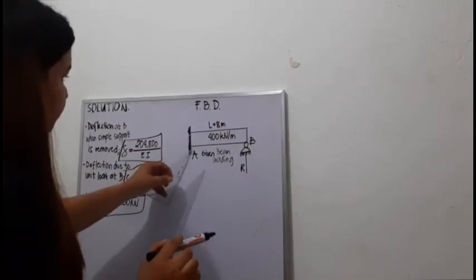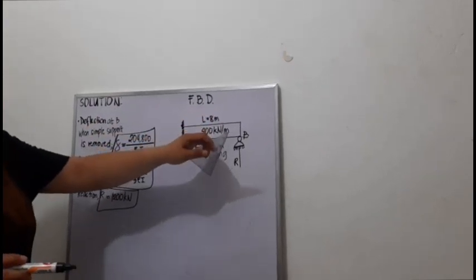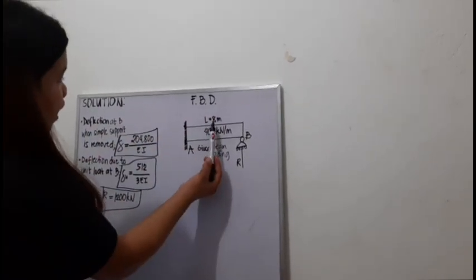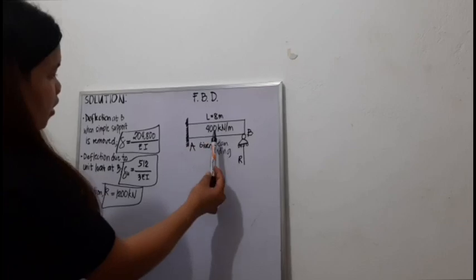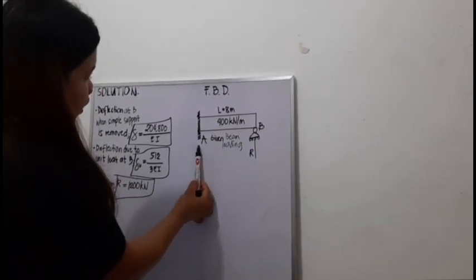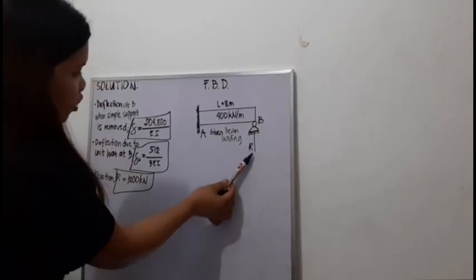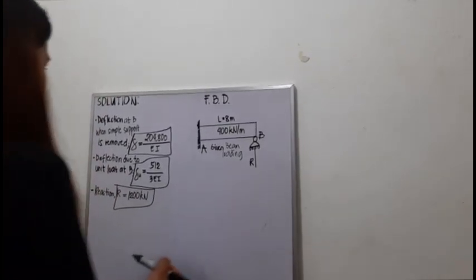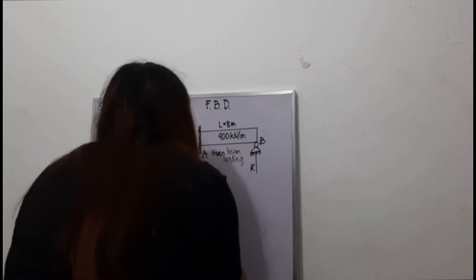So this is our first free body diagram: the length is 8 meters, the 400 kN/m load, the angles A and B, and the reaction is here.